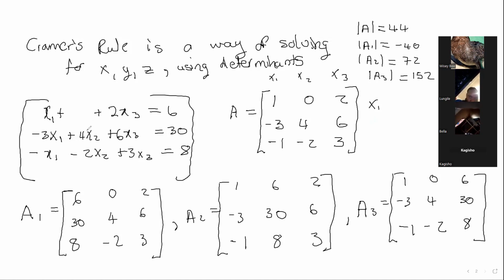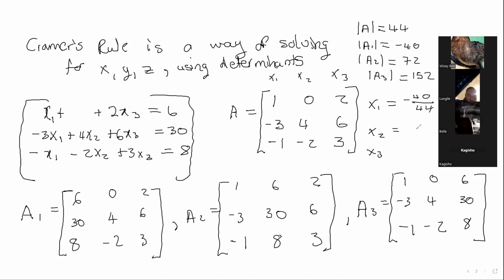Instead of putting x2 here, they might say this is y, and the x3 here, they might say z. And in this case, x1, you look for the determinant of A1, which is minus 40. Everything gets divided by the determinant of A, which is 44.